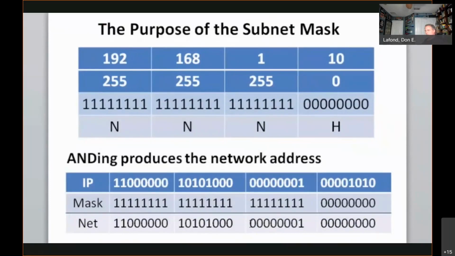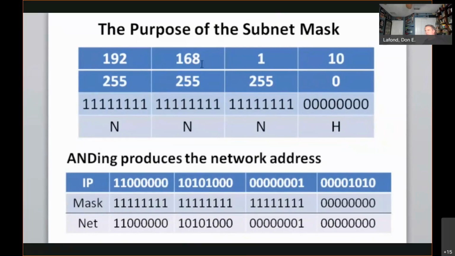In other words, this ANDing process is a logical process of ANDing. So a true and a true makes a true, true, true, true, false and a true makes a false. And if we do that and logically AND the IP address with the subnet mask, we get the network address.